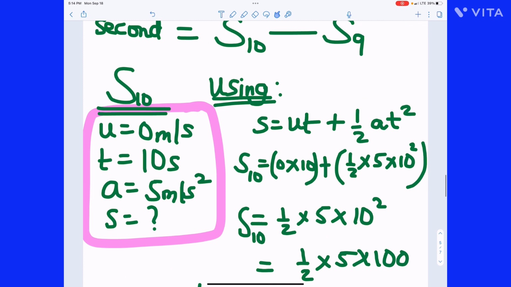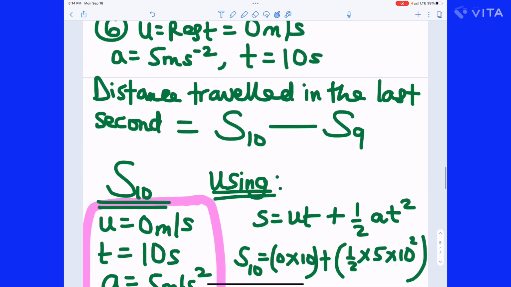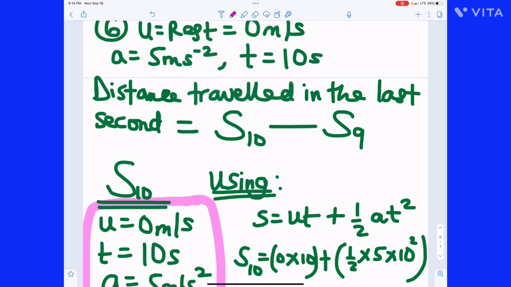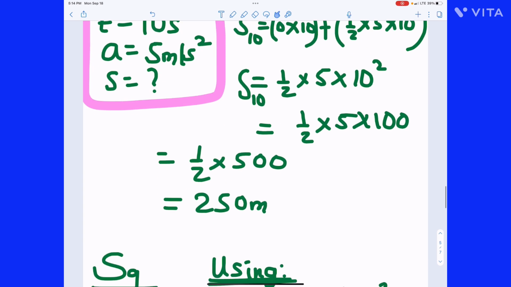Distance traveled in the 10th second, distance traveled in the last second. The last second here was also the 10th second. So distance traveled in the 10th second was distance traveled for 10 seconds minus distance traveled for 9 seconds.